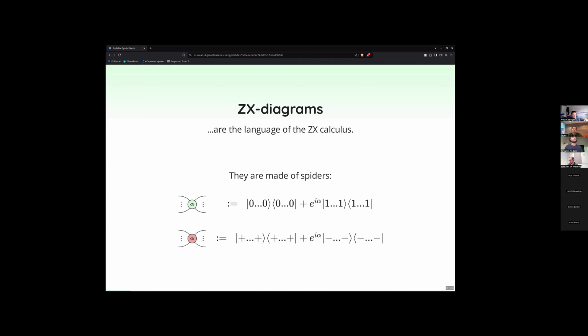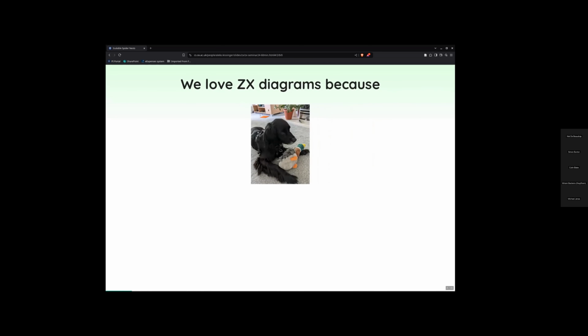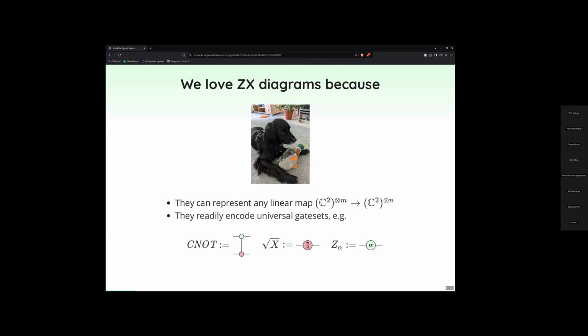They're made of spiders. And the most general ZX diagrams are made out of spiders with arbitrary parameters. Okay, so I can put any real number here, and that sets the relative phase between these two terms. And we love these full-powered ZX diagrams because they can represent any linear map, so they're fully universal.